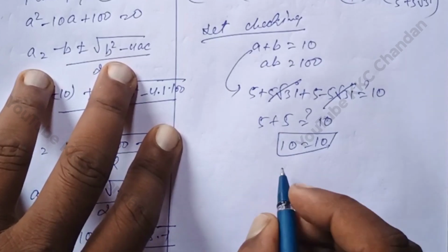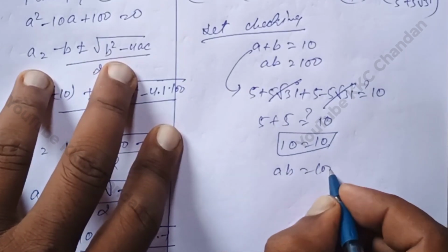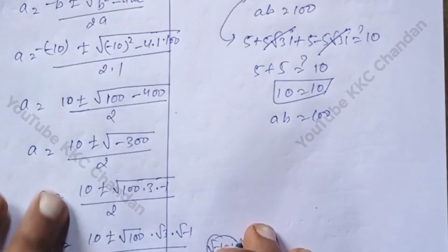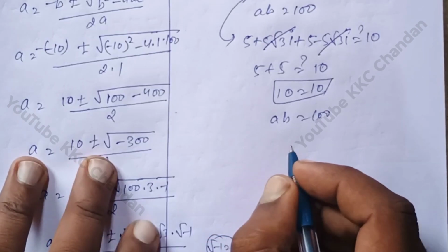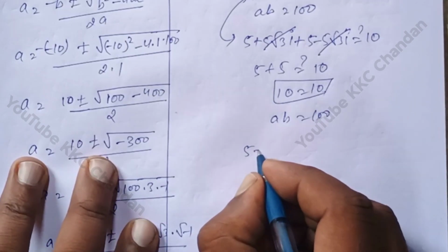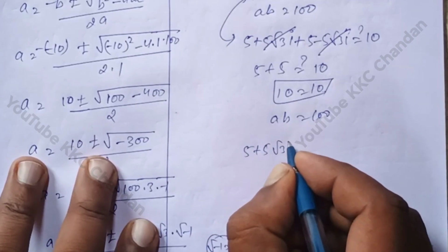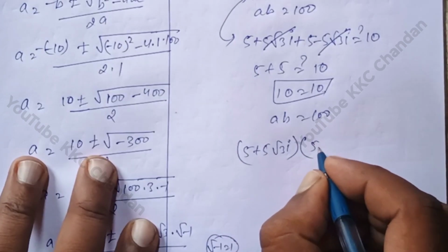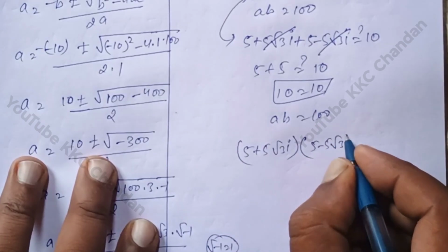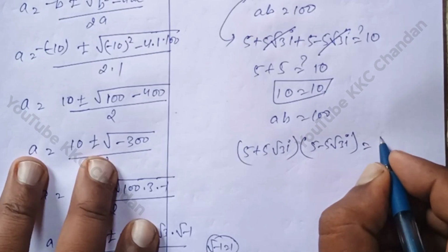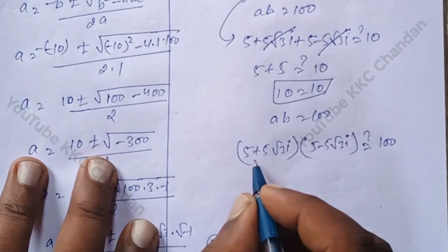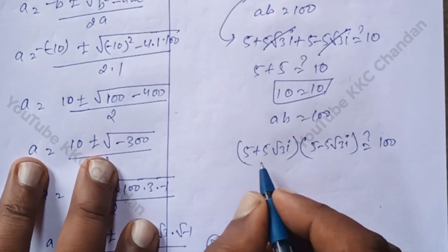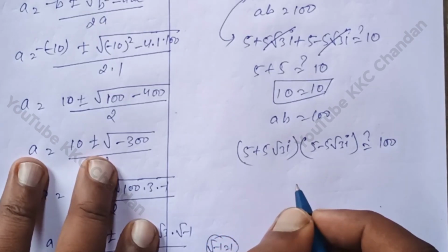See here, ab is equal to 100. Therefore, see here, a value 5 plus 5 root 3 i, b value 5 minus 5 root 3 i, bracket close, is equal to 100 question mark. So here this is in the form of a square minus b square form.